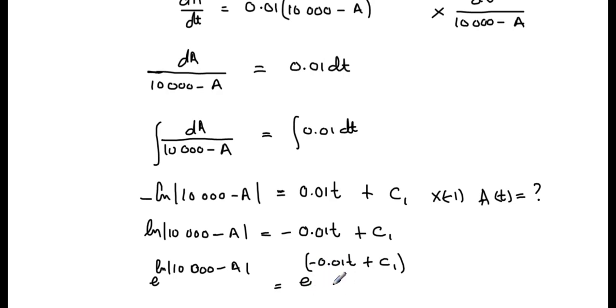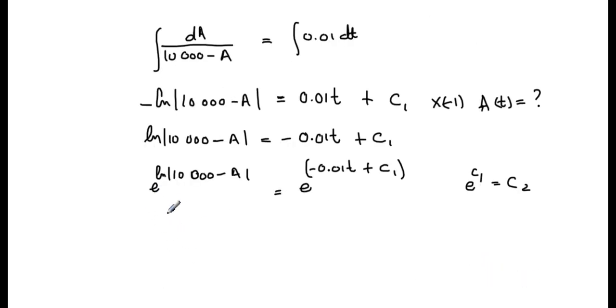Now applying rules of exponents, you see clearly that we're going to have e to the power minus 0.01 t multiplied by e to the power c1. And then we can set e to the power c1 equal to c2. Rewriting this, the left hand side would simply be the absolute value of 10,000 minus A equals c2 multiplied by e to the power minus 0.01 t.